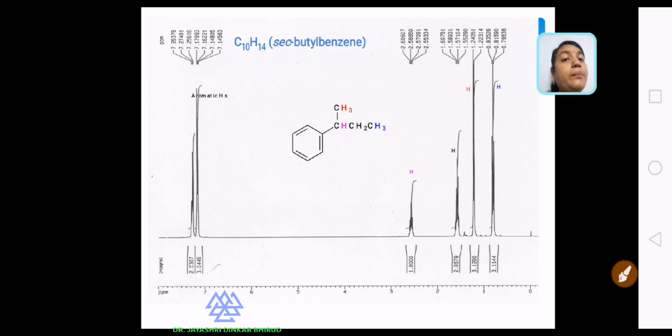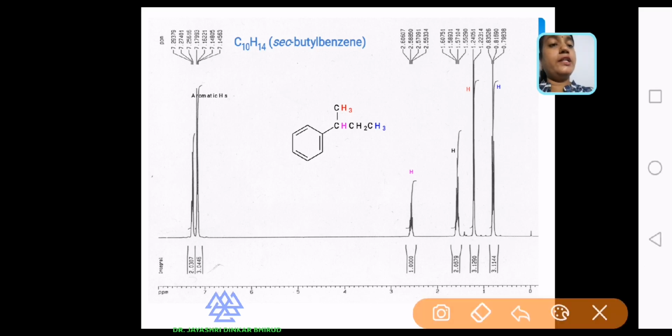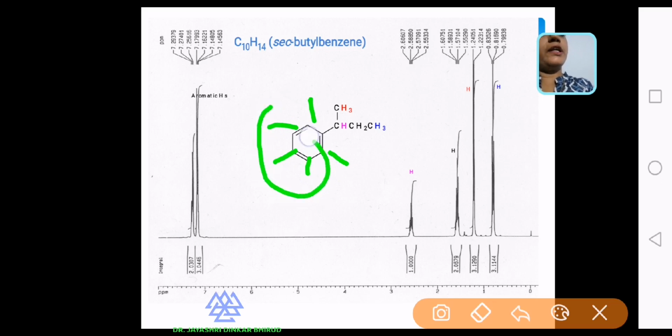So the total number of signals is: these 5 hydrogen atoms give one signal when they are in the same chemical environment. But see here, these 2 hydrogen atoms and these 3 hydrogen atoms are in different chemical environments.